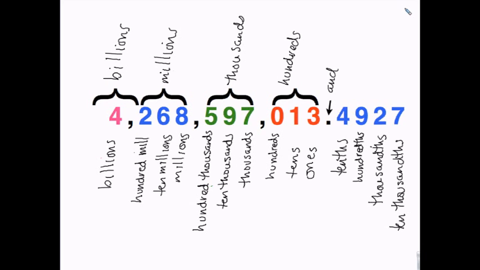Right, but anyway, when you go the other direction with the decimals, you follow the same pattern, but you put a TH on the end of it. So we have tenths, hundredths, thousandths, ten-thousandths, hundred-thousandths, and then you have millionths, ten millionths, hundred millionths, and it would just follow.